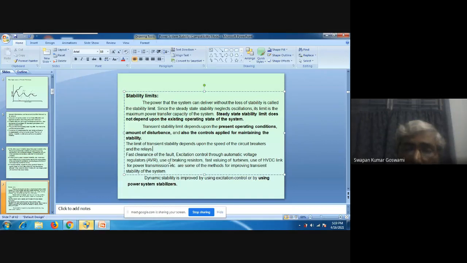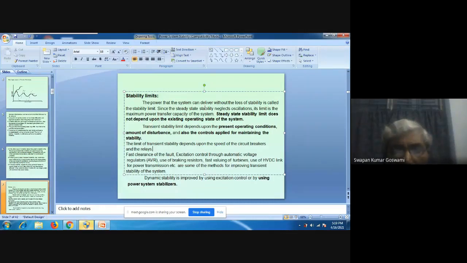We shall skip the discussion of these things now, and we shall be discussing them later, when we are in a position to analyze the stability. Then only I shall be discussing these things. And dynamic stability, how it can be improved, we shall also discuss later on. There are different methods for improving the dynamic stability and transient stability. So you see that only the steady state stability limit is fixed.